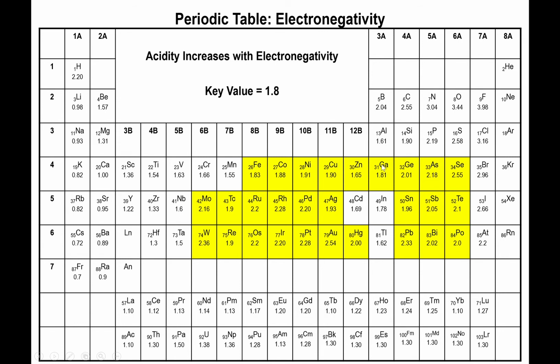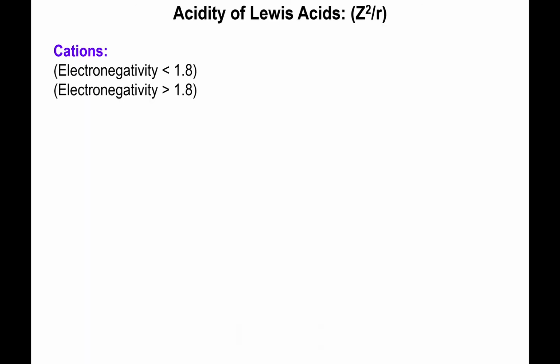The rest of the elements, the majority of which lie on the second and third row of the periodic table, for the transition metals at least, are the ones that make a difference in the equation. So this is the way it goes. For the metal cations, if you have a cation that has an electronegativity value less than 1.8, the pKa is approximated as 15.14 minus a constant 0.8816 times the charge squared divided by the radius.